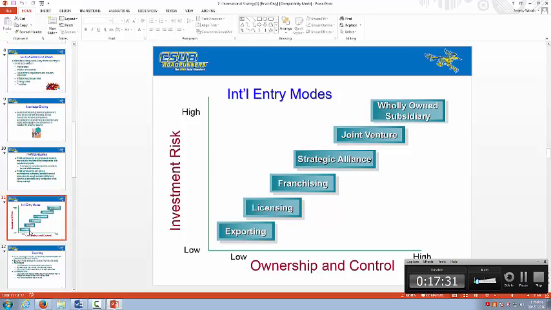So joint venture means new investment between 2 companies. Strategic alliance means cooperation without new investment. I didn't cover that very clearly in the slides because to me it's not that big of a distinction, but there is a question on the exam about that. So that's the difference between those 2.